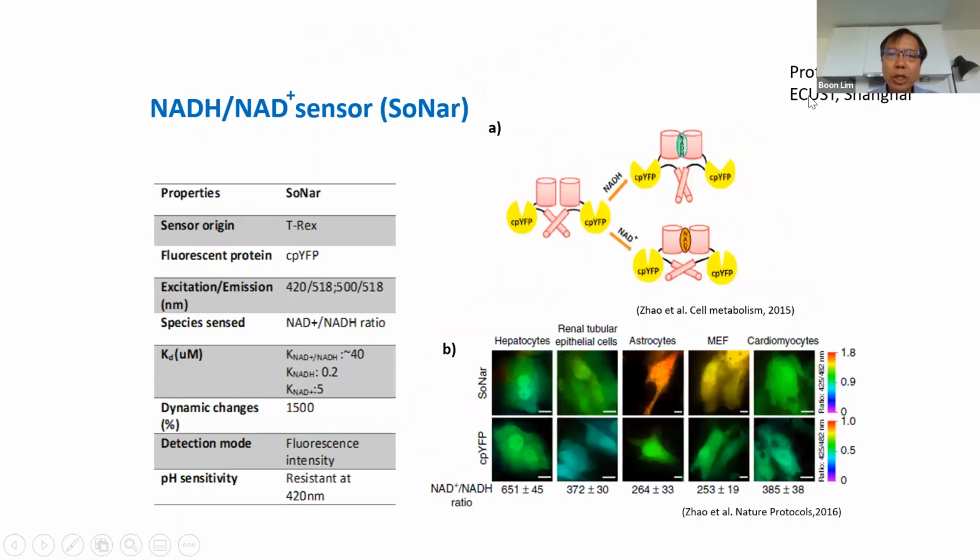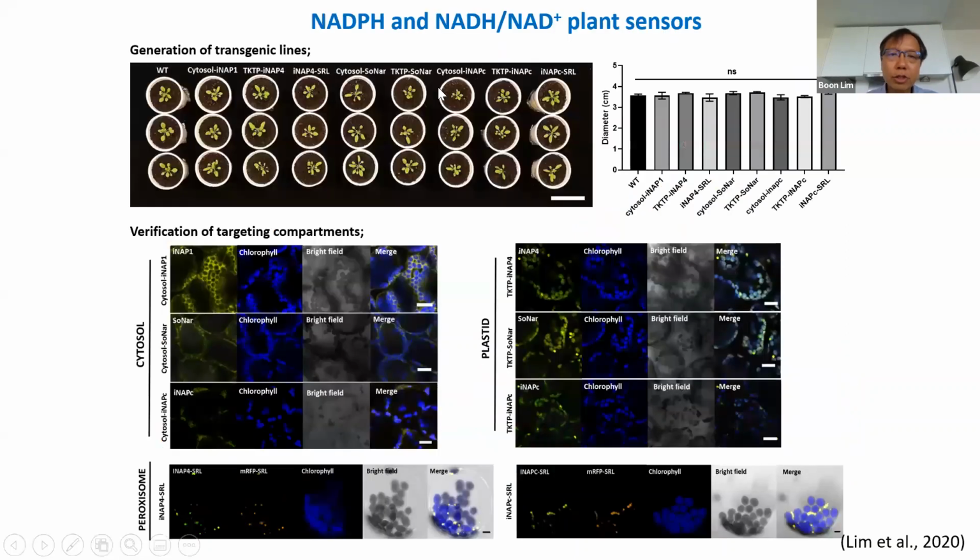Professor Yang also generated a sensor called SoNar that can measure the ratio of NADH to NAD. And we also applied these sensors and introduced them into Arabidopsis. And the transgenic lines are normal. And we have introduced these sensors into the cytosol, plastid, and for NADPH sensors, also into the peroxisome.